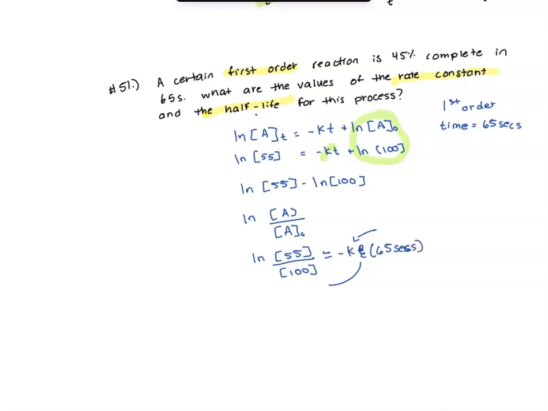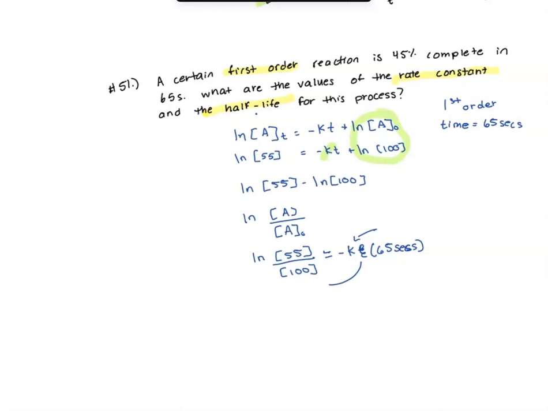So let's do this again. Natural log 55, divide by 100. That's going to be negative 0.597. Let me take our 65 seconds, divide by 65.